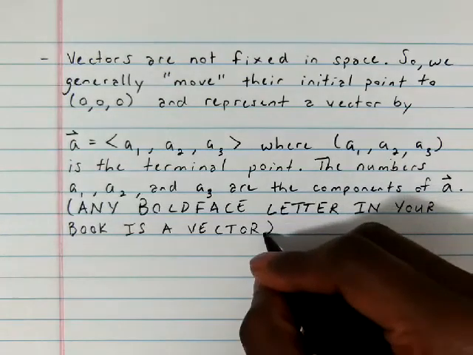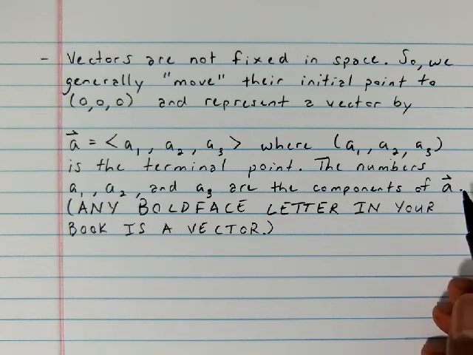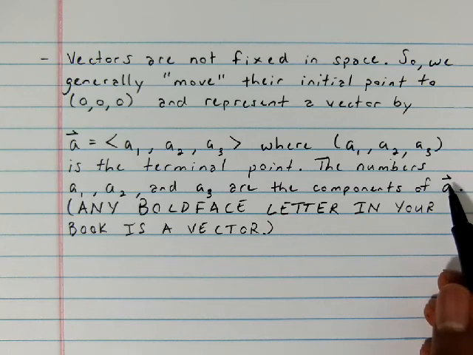Your book's not going to use the little vector hat that we use. They're going to use boldface letters, but because we can't write in boldface, we have to have some other way to denote a vector. So that's why we use the vector hat.